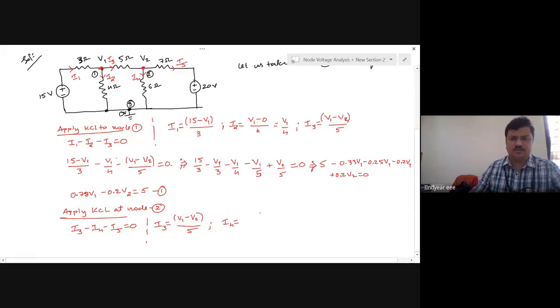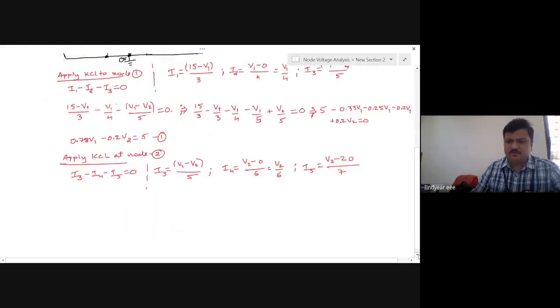It is (V2 minus 0) by 6, that is V2 by 6. Then I5. I5 is between V2 and 20 volts. The direction is from V2 to 20 volts. So therefore, it is (V2 minus 20) divided by 7.